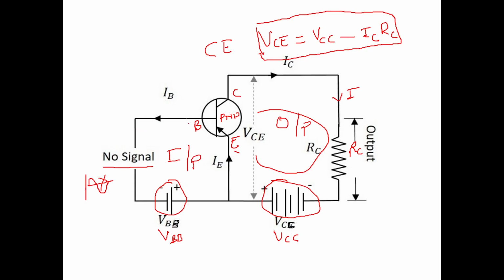Here you can see the base, that is N in the PNP, is connected to the negative of the battery. So it is forward bias.